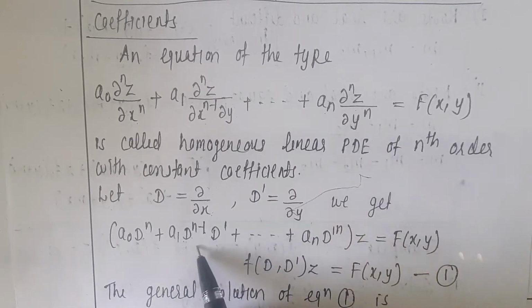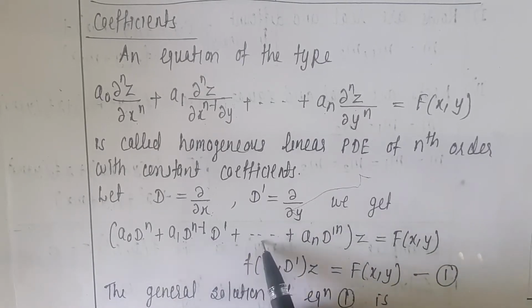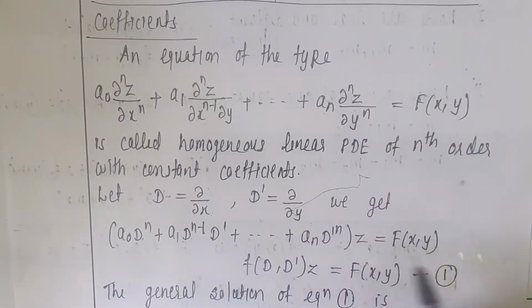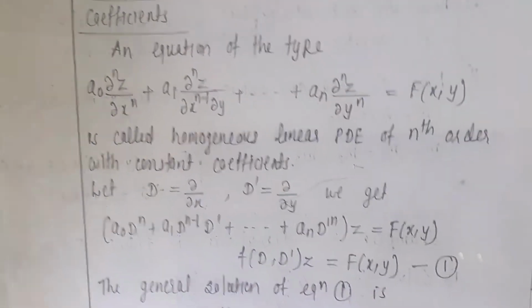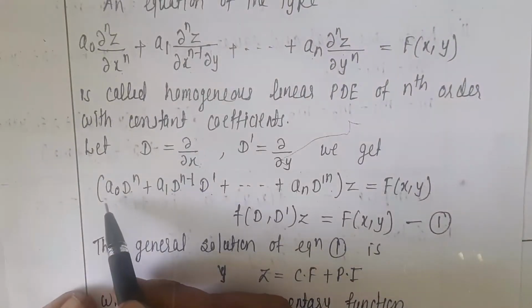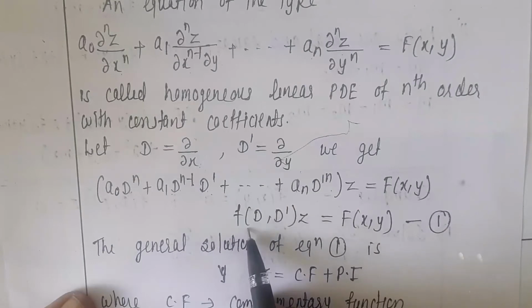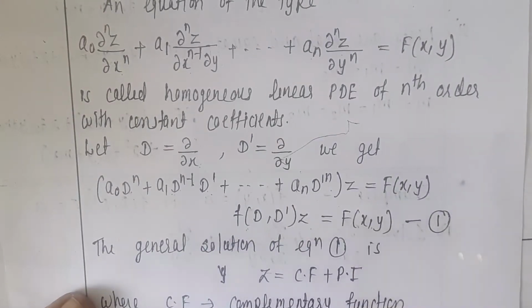So a1 into Dⁿ⁻¹D' plus and so on, an D'ⁿ multiplied by z is equal to f of x,y. So in short, if this whole bracket is in terms of D and D', we can write in general it is F(D,D') multiplied by z is equal to f of x,y.